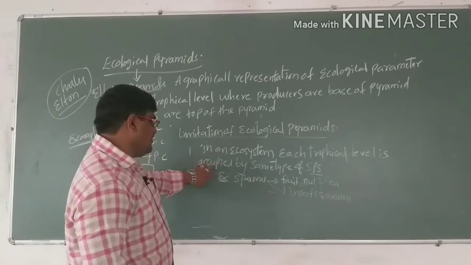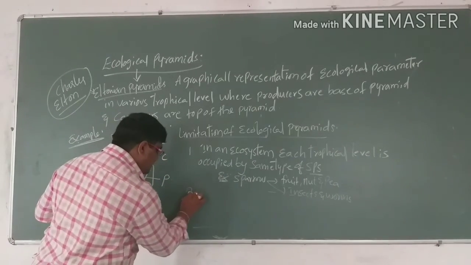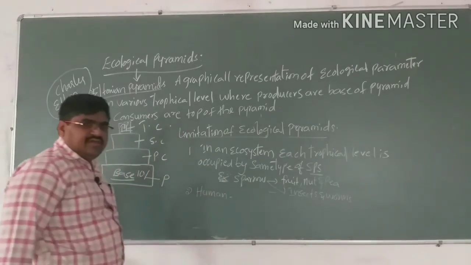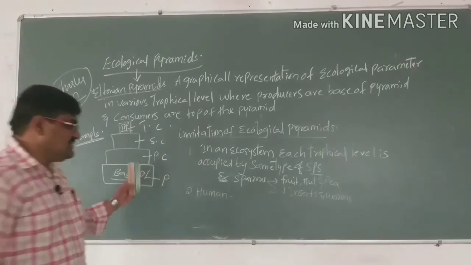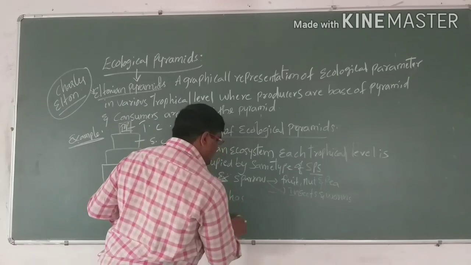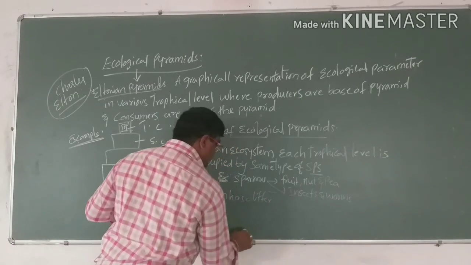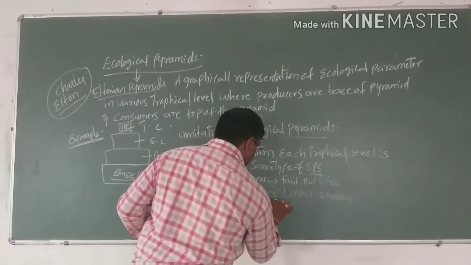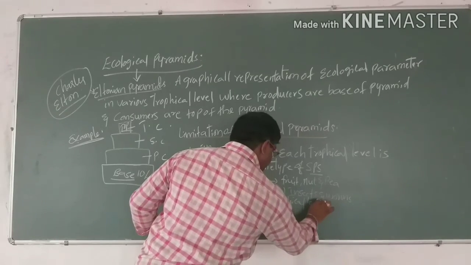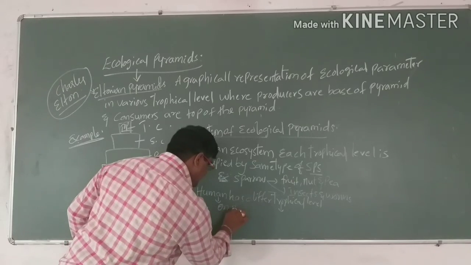Each trophic level is not occupied by only one type of species. Humans also have different trophic levels; for example, humans are omnivorous.